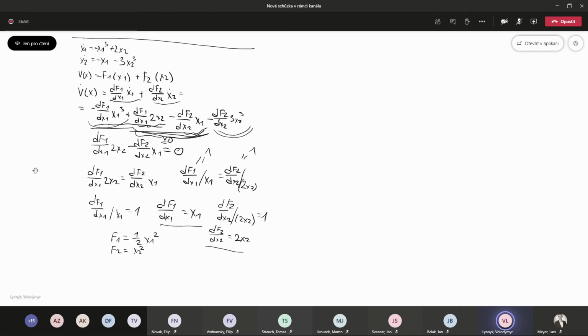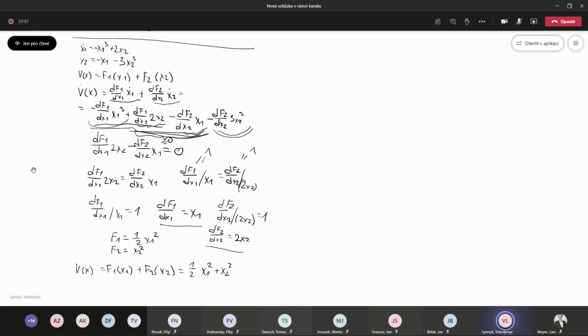Okay, and now we know f1 and f2, and we can say V from x equal to f1 from x1 plus f2 from x2, and it's equal to 1/2 x1 squared plus x2 squared.